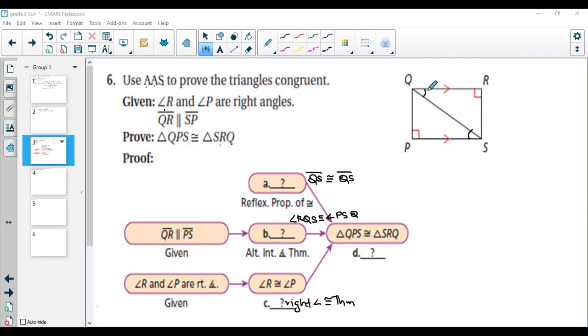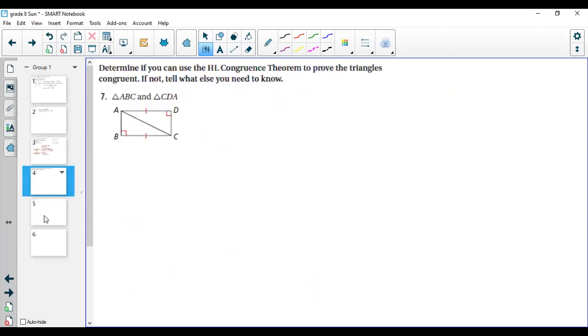We used two angles and the non-included side. See, two angles and the non-included side. So this is going to be angle, angle, side. You just have to give what kind of theorem you proved. That's all. In fact, completing flowcharts is much easier than writing our own proofs.